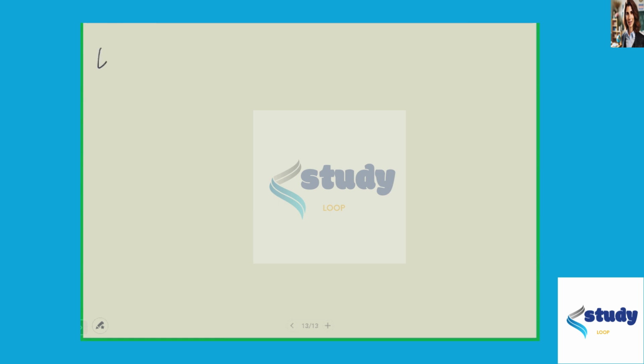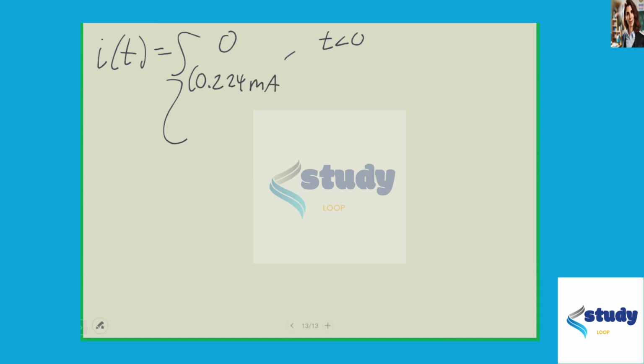Okay. So let me rewrite this just one more time. So what we're trying to graph is this function. It's a function that's 0 when t is less than 0. It's 0.224 milliamps times the sine of pi t when t is between 0 and 1, and it's 0 when t is greater than 1.